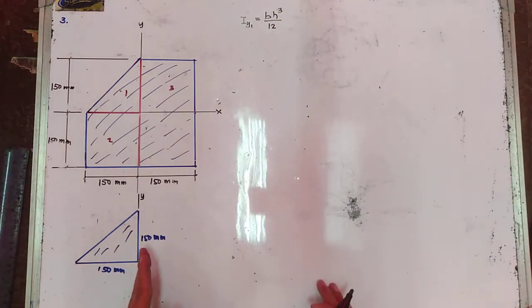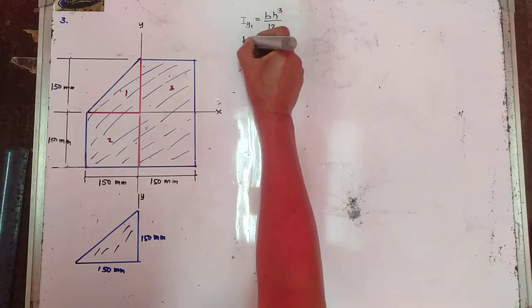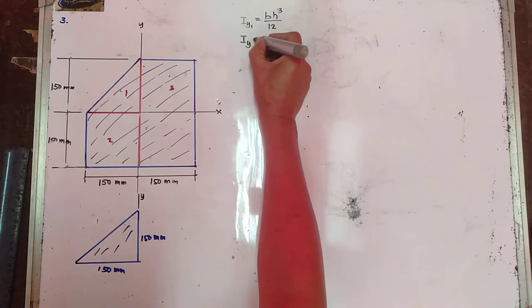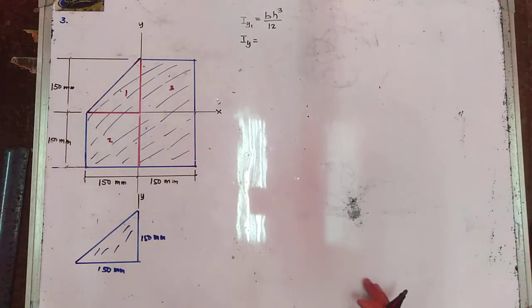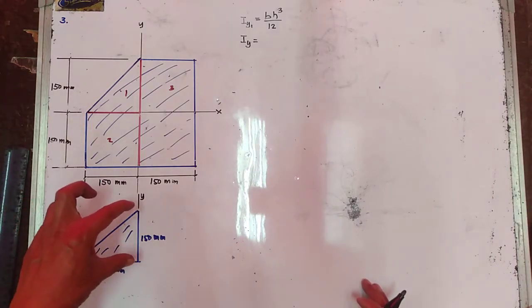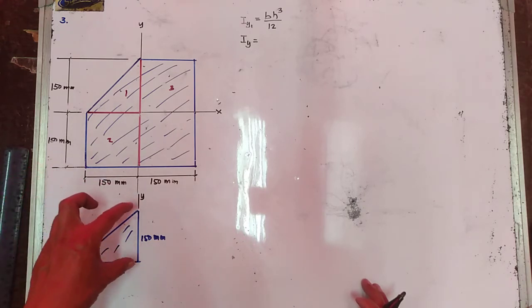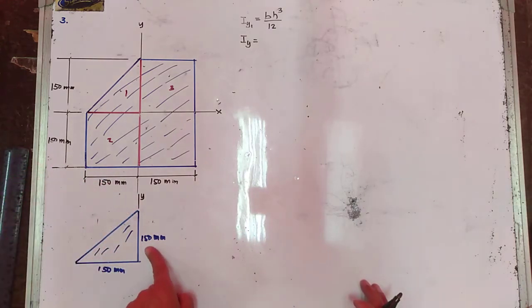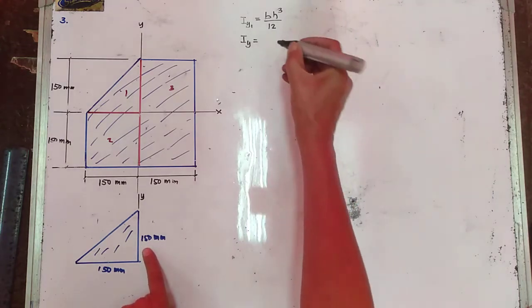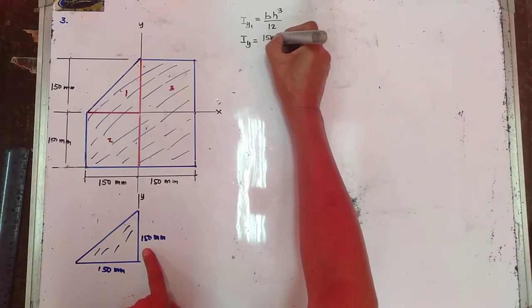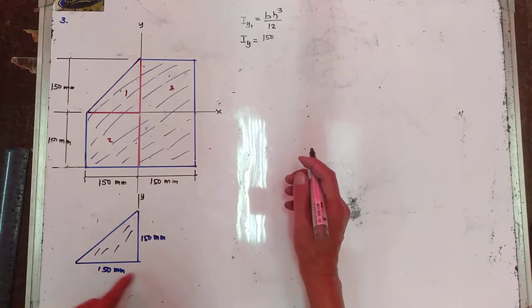So that is with respect to the base of this triangular area. Again, your b in here is the dimension parallel to the axis where moment of inertia is required. So that is equal to 150. This is your 150. So it just so happened that this is also 150.